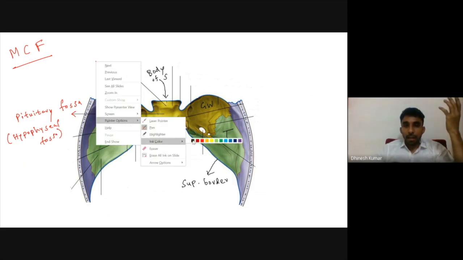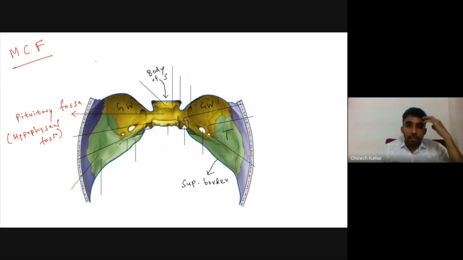And you can see just in front of the pituitary fossa or hypophyseal fossa, there is one elevation called the tuberculum sellae.